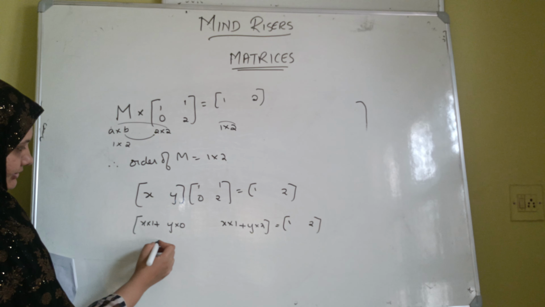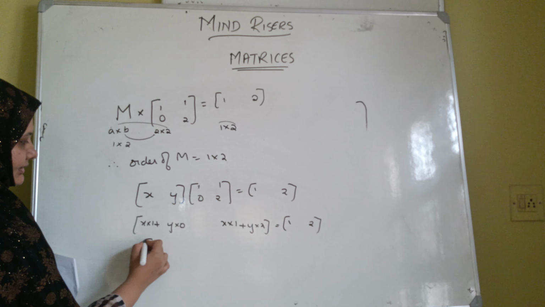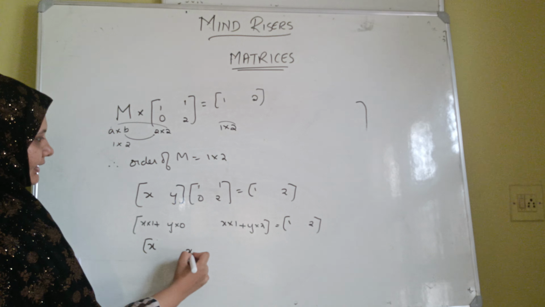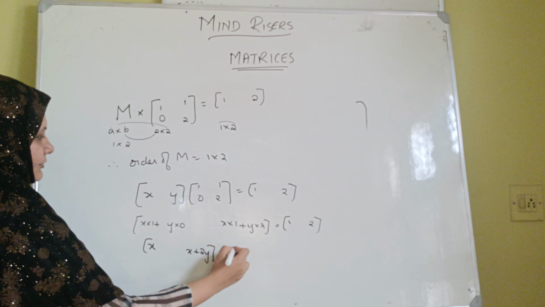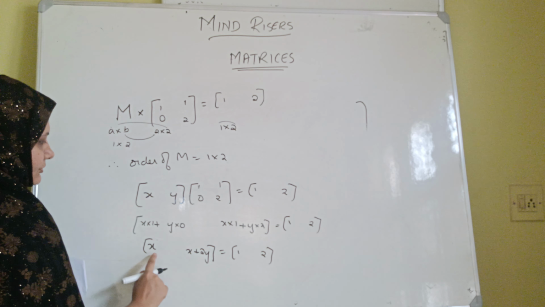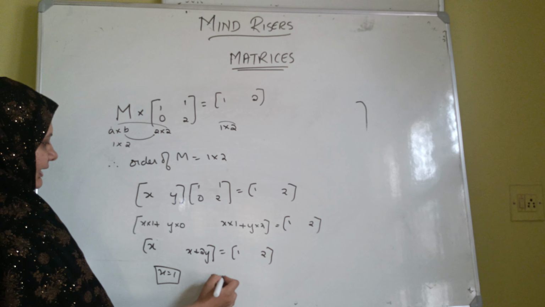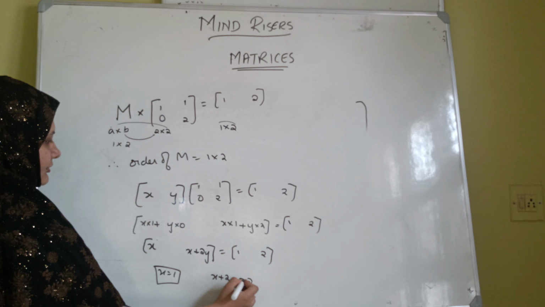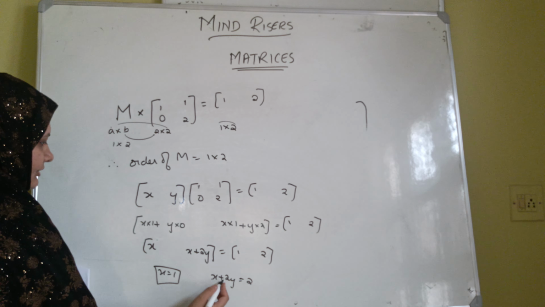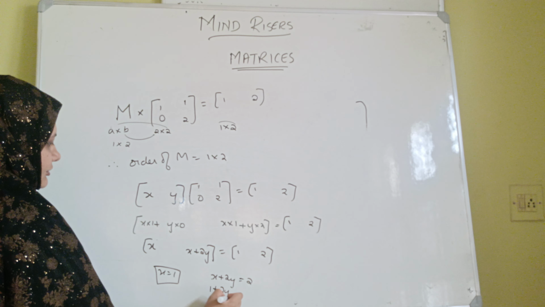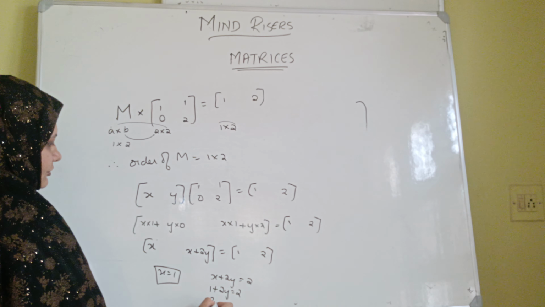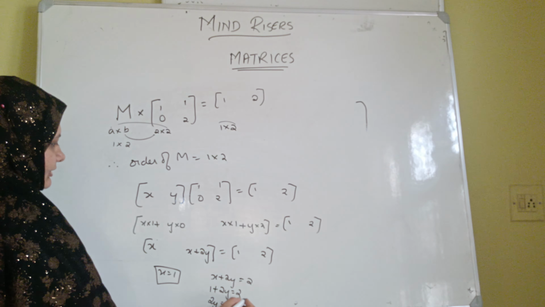So x plus y into 0 is 0. So x is x only. So here again x plus 2y we get, which is equal to 1 and 2. The value of x is 1. Now x plus 2y is equal to 2. So x is 1 plus 2y is 2. So 2y will be 2 minus 1, 1.